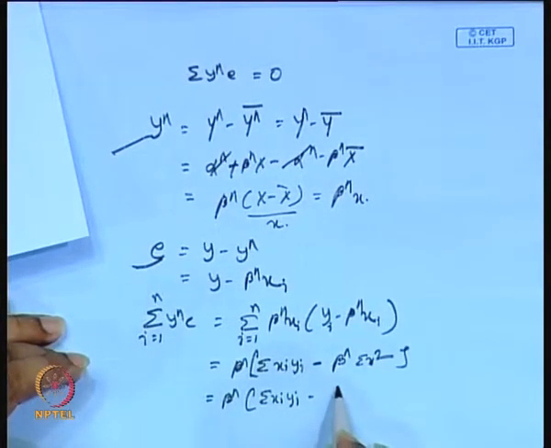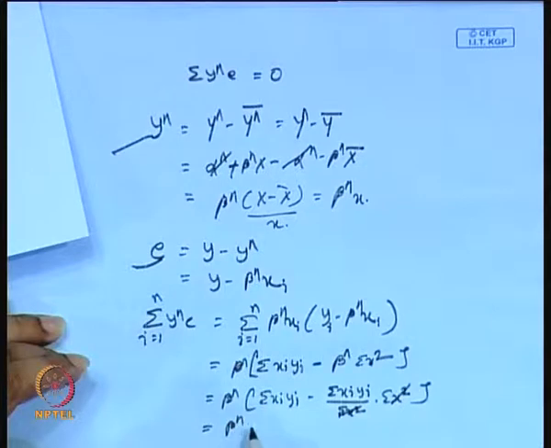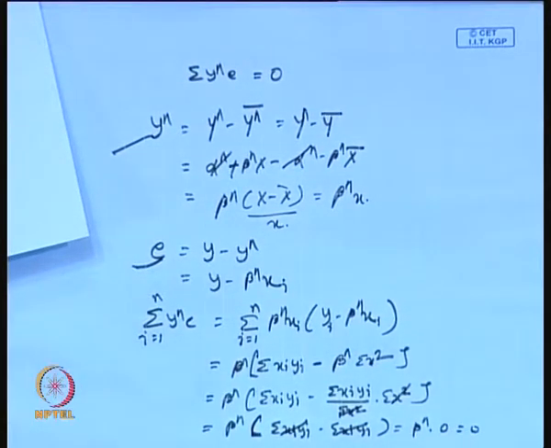What is beta hat? Beta hat is summation xi yi divided by summation x squares. So we again have summation x squares, and this summation x squares and that summation x squares cancel. That means equal to beta hat into summation xi yi minus summation xi yi. This and this cancel, so it is nothing but beta hat into 0, which equals 0.